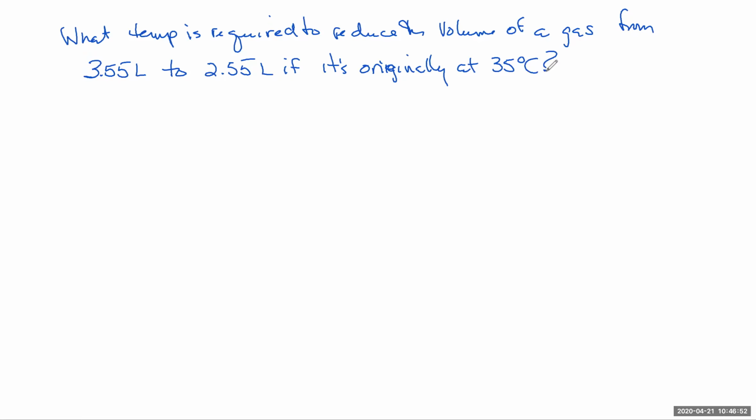What temperature is required to reduce the volume of a gas from 3.55 liters to 2.55 liters if it's originally at 35 degrees?